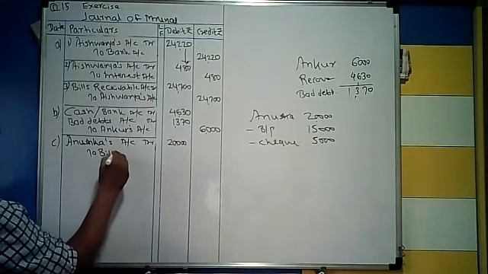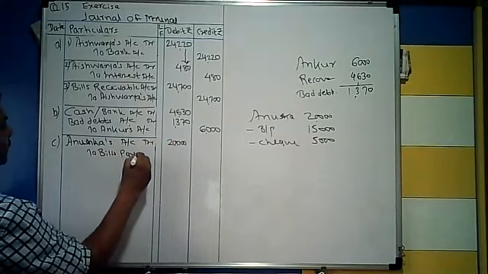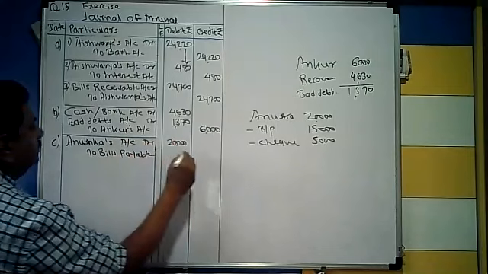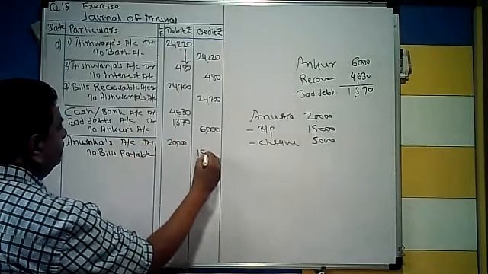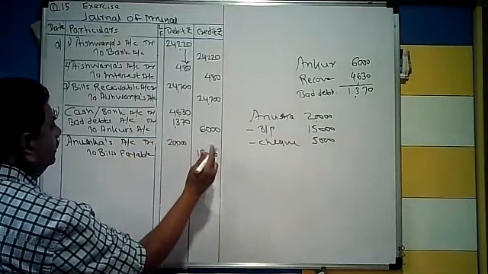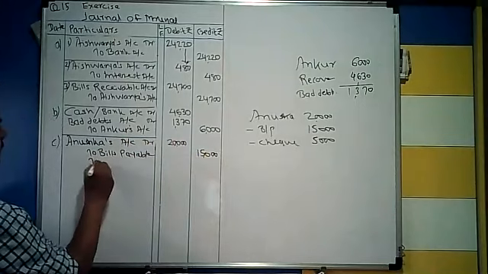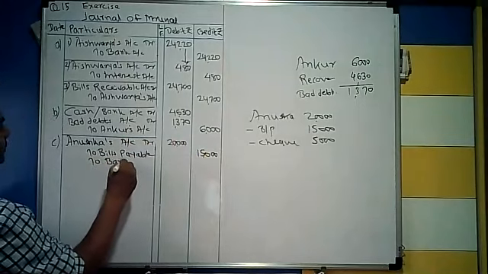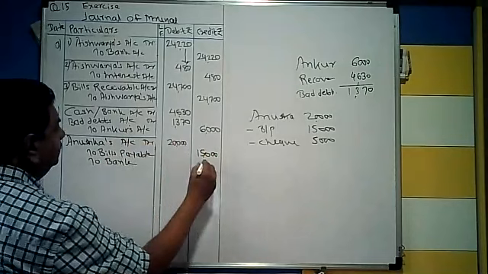To bills payable account. For this bill we are drawee. Mrunal is drawee. To bank. Because the balance is paid by check.